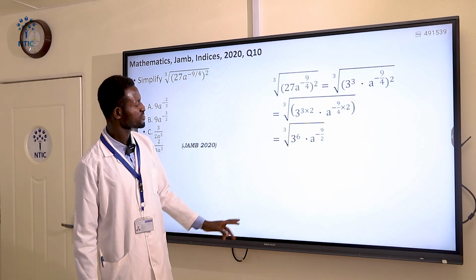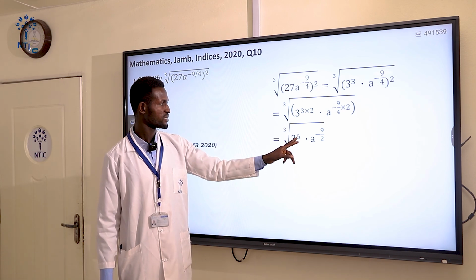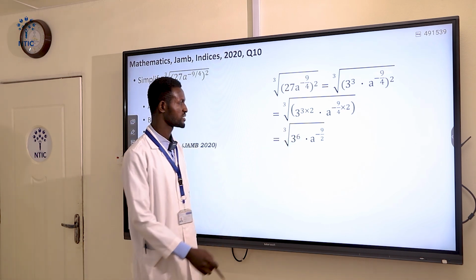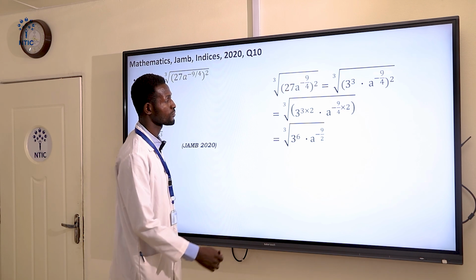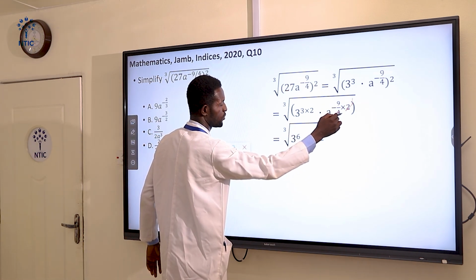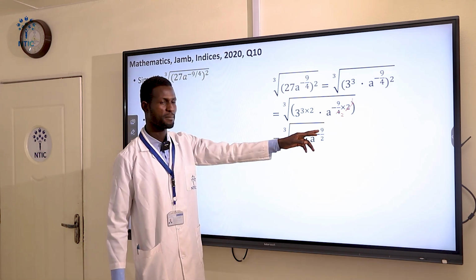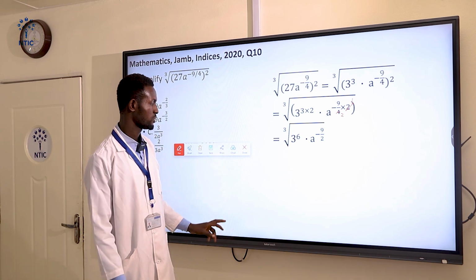If you do the necessary arithmetic, 3 times 2 gives 6. Then here we cancel 4 to get 1 over 2, and we are left with a raised to power minus 9 over 2.